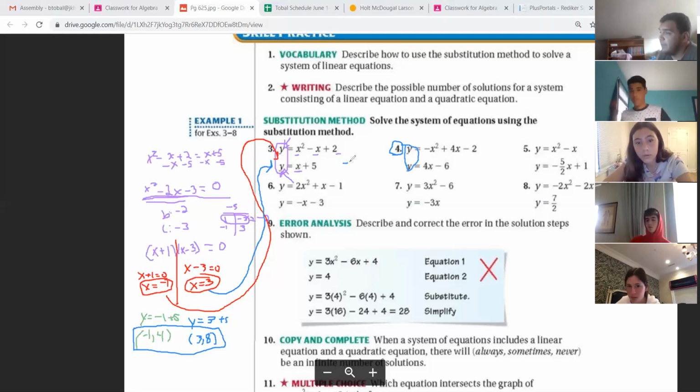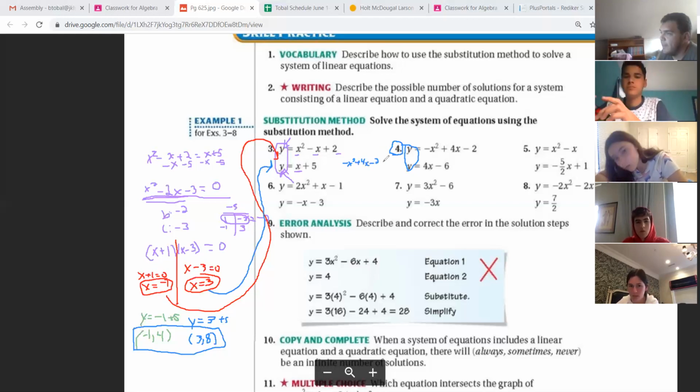So I got negative x squared plus 4x minus 2 equals 4x minus 6. Okay, so now I want to move everything around to have all the numbers on one side and 0 on the other side. The right side has less numbers, so I'm going to subtract 4x, and it should go with its like term.